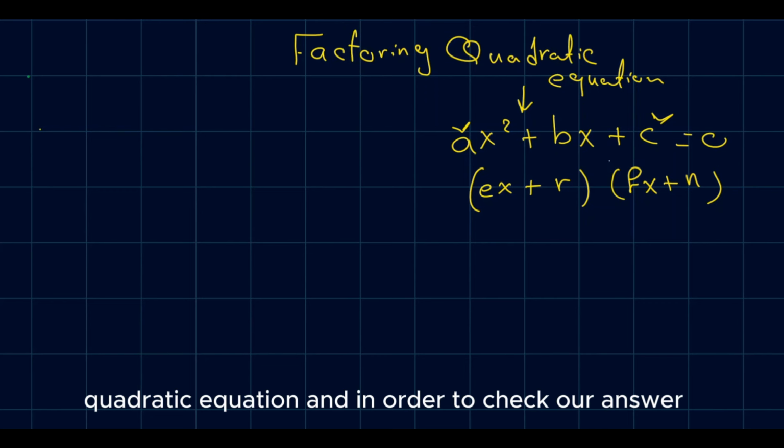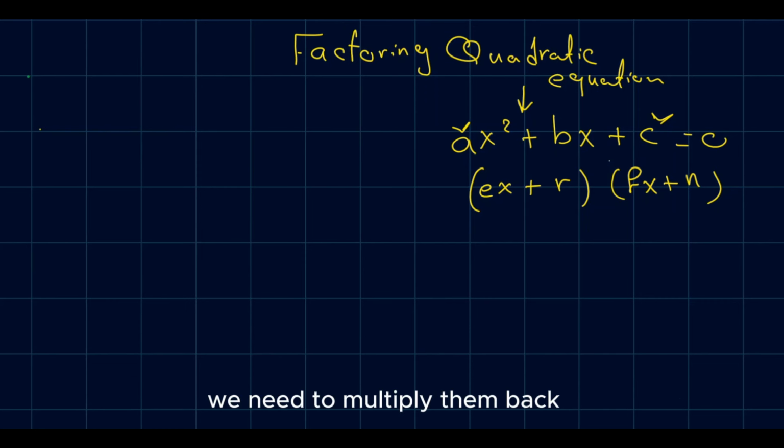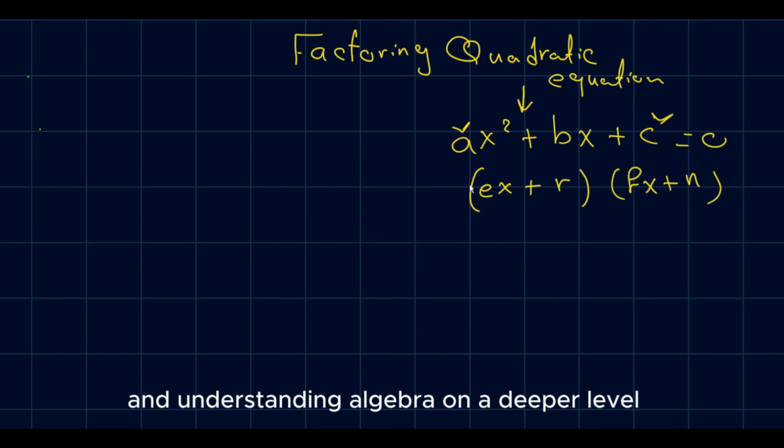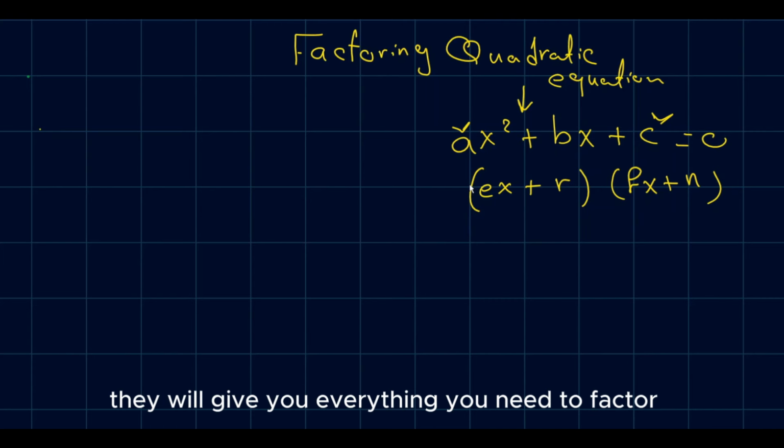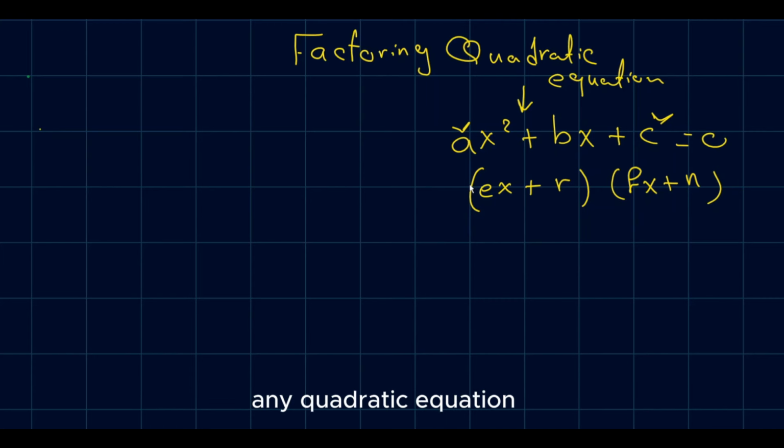And in order to check our answer, we need to multiply them back and check if they match. It's a critical skill for solving equations, simplifying expressions, and understanding algebra on a deeper level. Alright, let's get into the methods. Each of these approaches is powerful, and together they will give you everything you need to factor any quadratic equation.